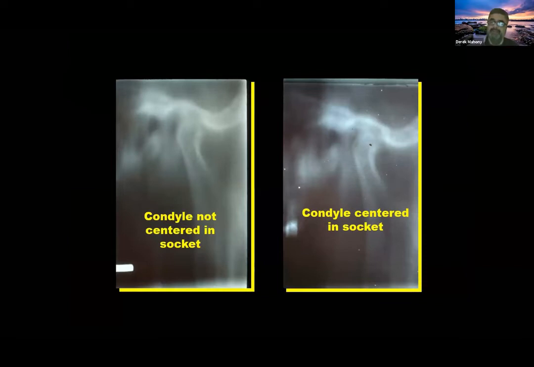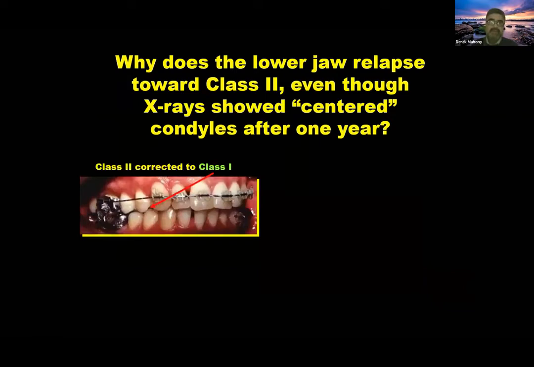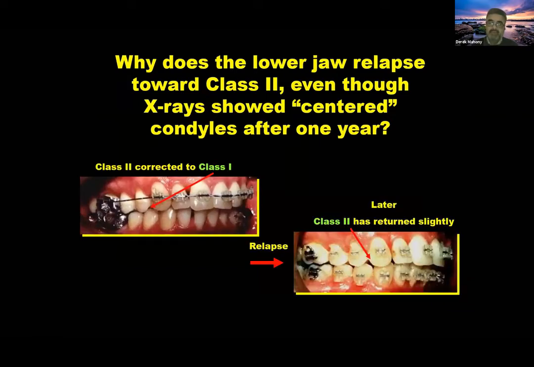And you need to read the papers of Rabi, of Frankel, Bacchetti and McNamara, and of Dr. Toll, so that you can see how in a non-growing individual you can get stability, provided mandibular length is normal and provided you allow time for the muscles to remodel. And sometimes you are going to get relapse.